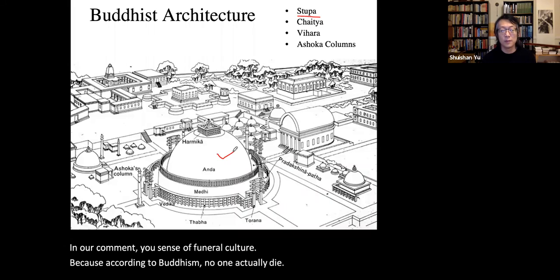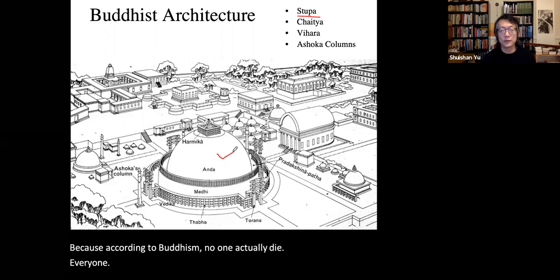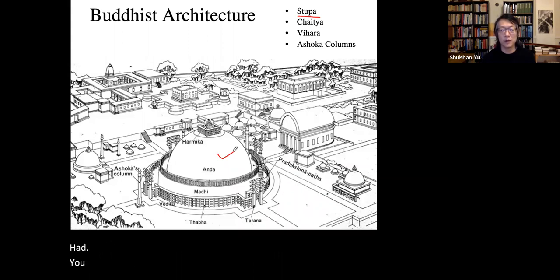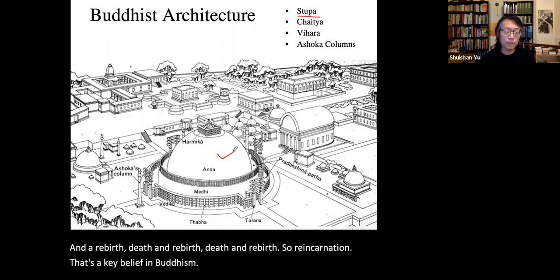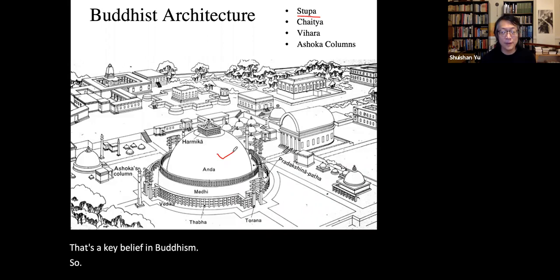Everyone had numerous lives, death and rebirth, death and rebirth. So reincarnation, that's a key belief in Buddhism. So this life ends, and then the true self will be reincarnated into the next life.